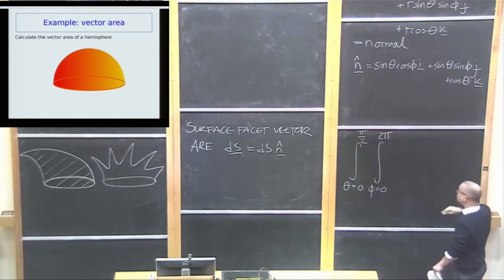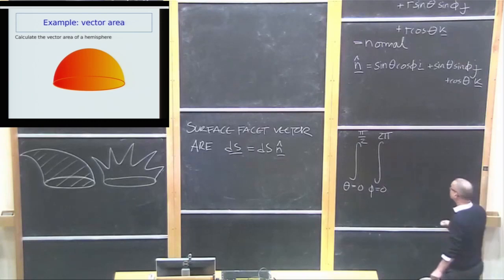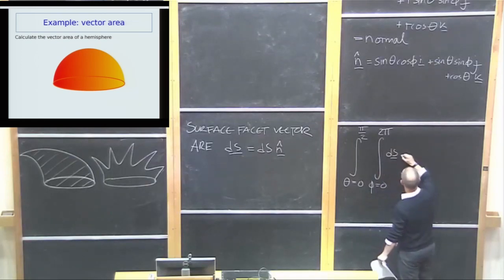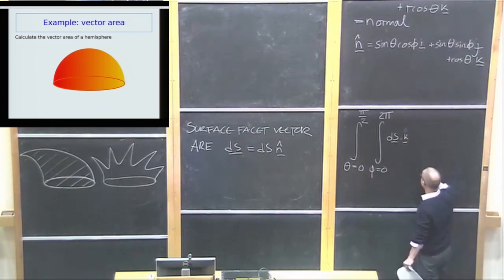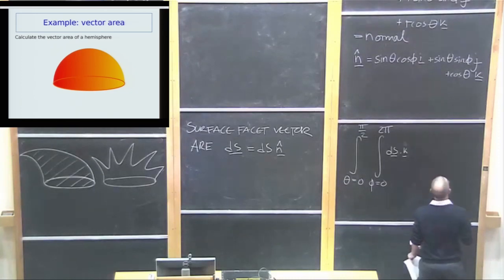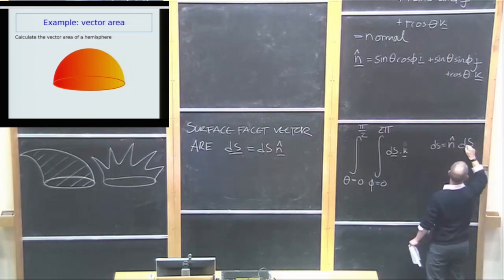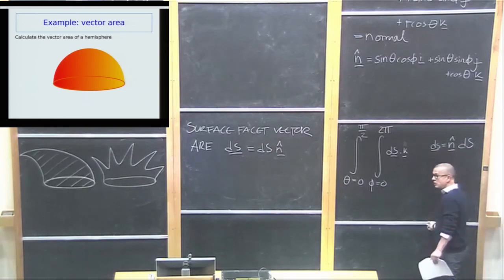Now, we want to integrate our surface area, and we know that it's just going to be projected in the k direction. So whatever our result is here, this is just going to be the component of our surface area in the k direction. So this is going to be ds dot producted with the k direction. In this case, ds is n times the scalar value of the surface area element for a sphere.